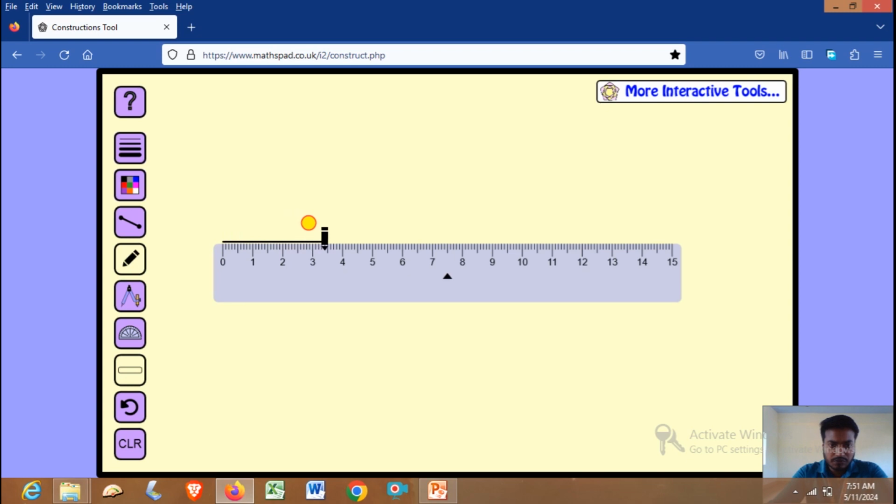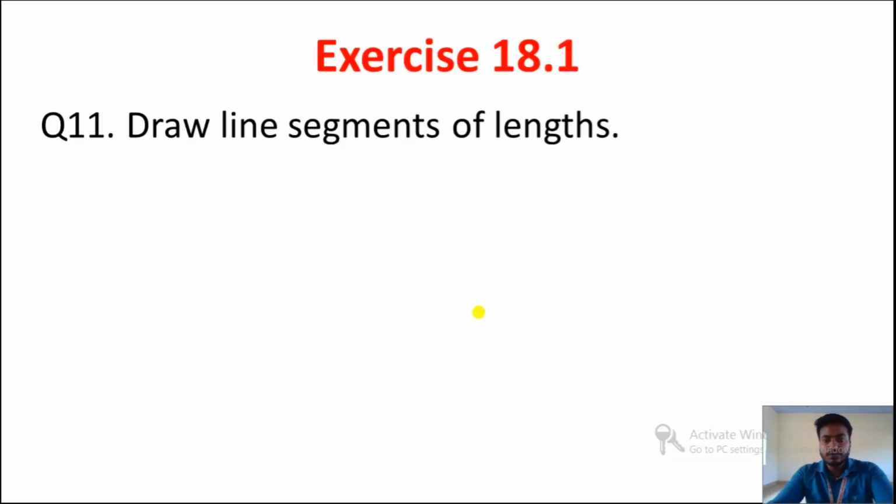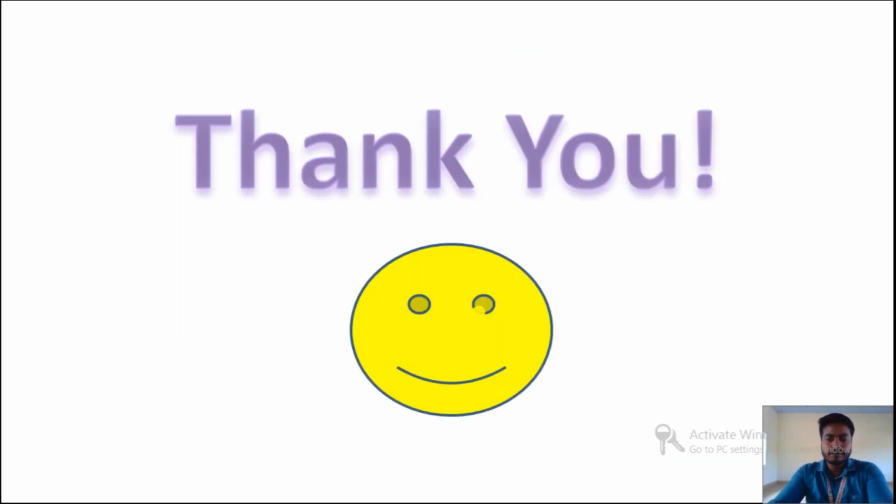Let's suppose we are going to draw now 4.5. So here 4.5 you can see 4, 1, 2, 3, 4, 5. After that we need to write the length, 4.5 centimeter. Even you can write the name also. Am I clear you all? So this is how we have to draw the line segment of given length.